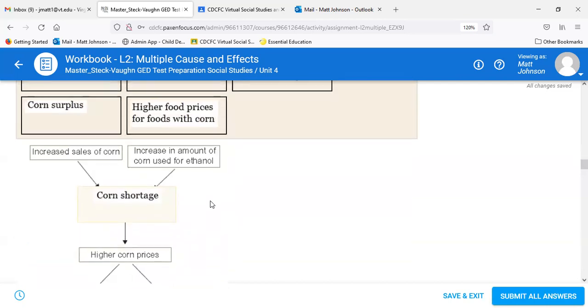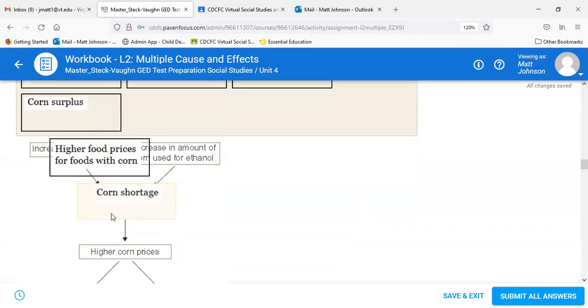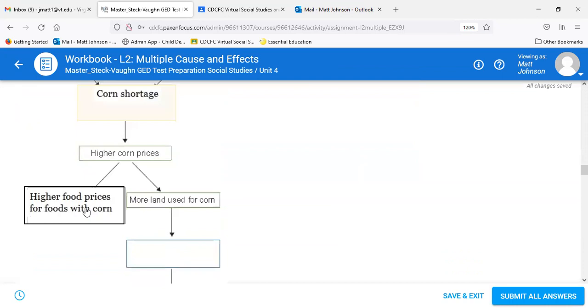And now, because the price of corn goes up, how's that going to affect the consumer? The higher food prices for foods with corn. Yep, higher food prices for foods with corn. And we use corn in a lot of stuff too. So, okay, higher food prices for corn.